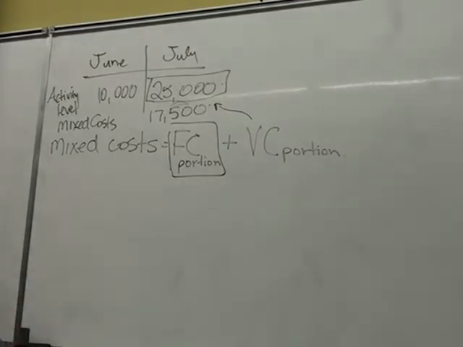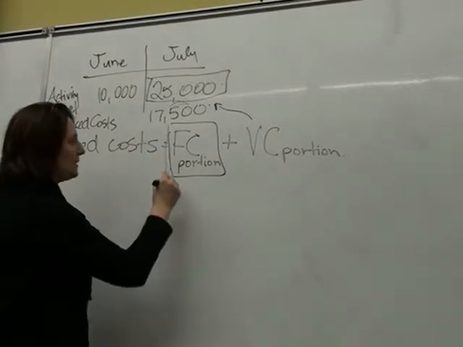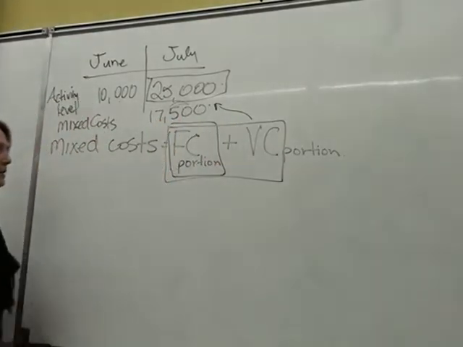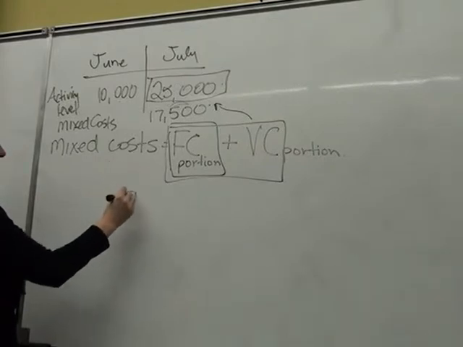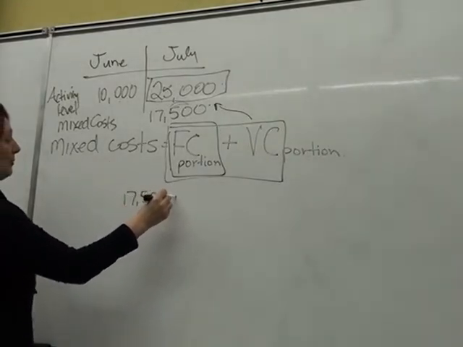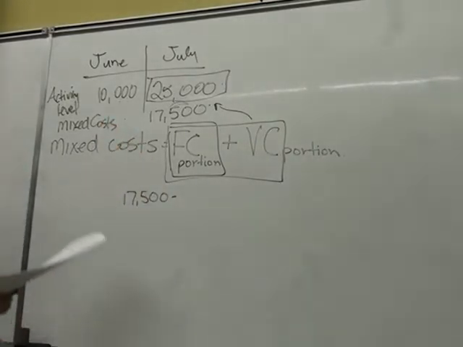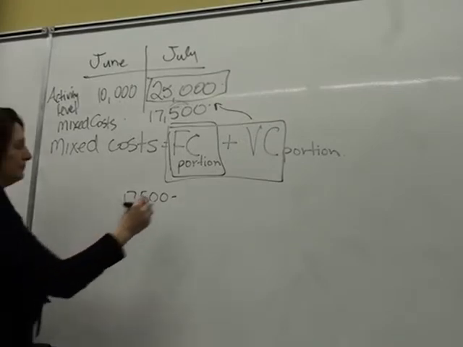So the way that you figure out the variable portion of something that has a mix of fixed and variable is you take the difference in cost, so 17.5 minus, what was the mixed cost here? 10.